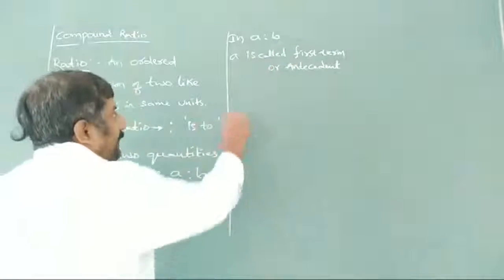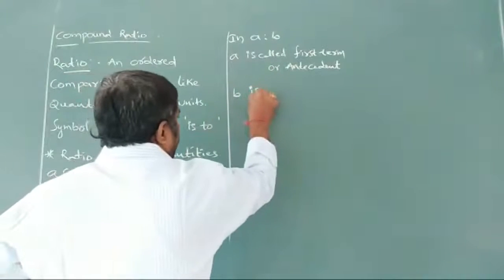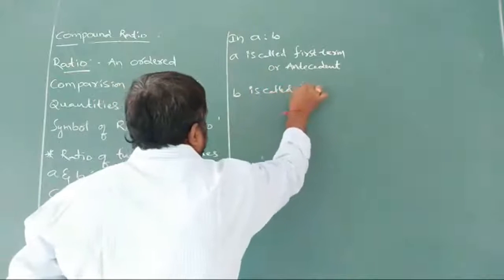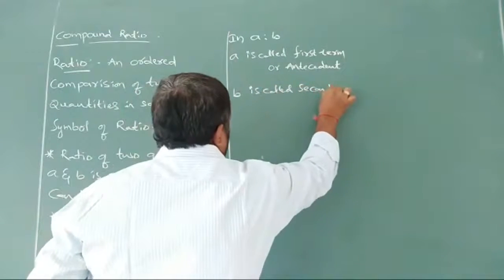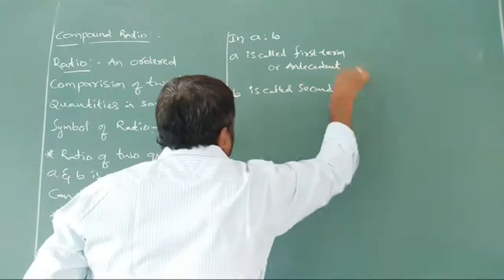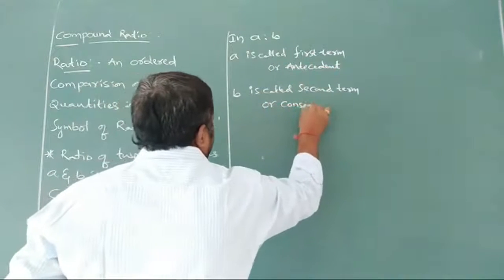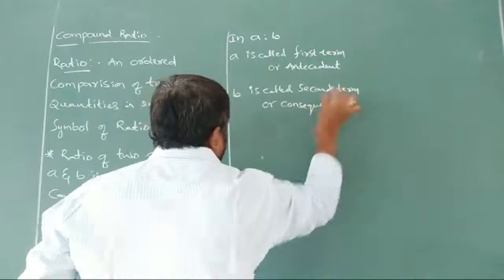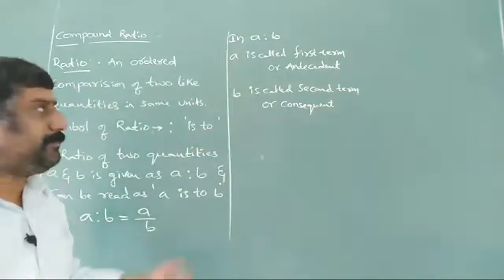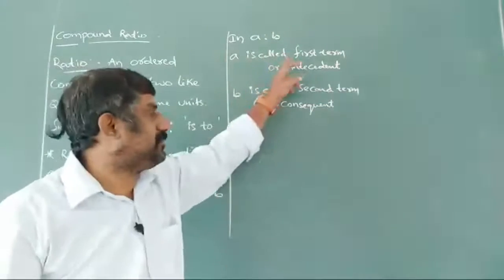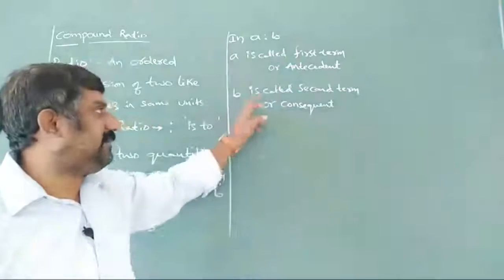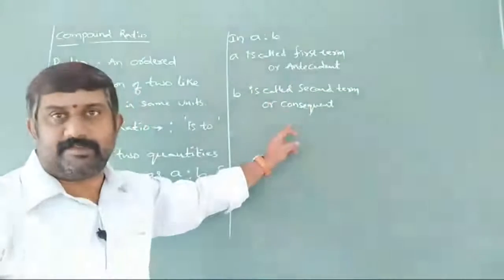What is the second one we have here? B. So B is called the second term, or consequent. So A is called first term or antecedent, and B is called second term or consequent.